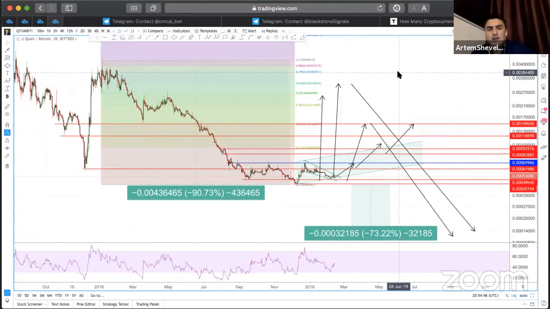Open the Dow Jones, open something else. You will know that the market is not going just straight down or straight up. It's going up, making a correction, going up again. It goes down, making a correction to the upside, going down again. So this is market structure.